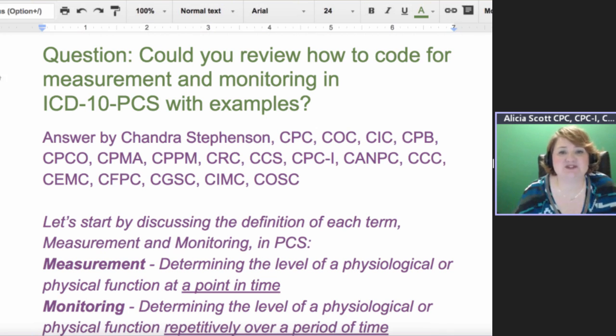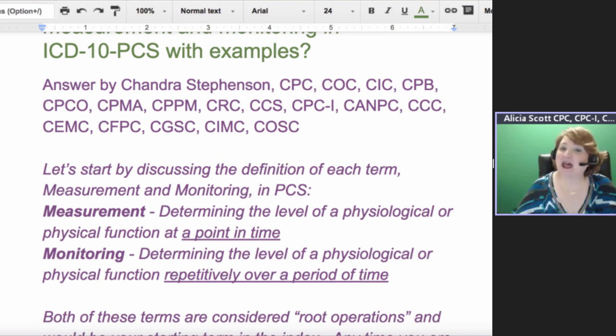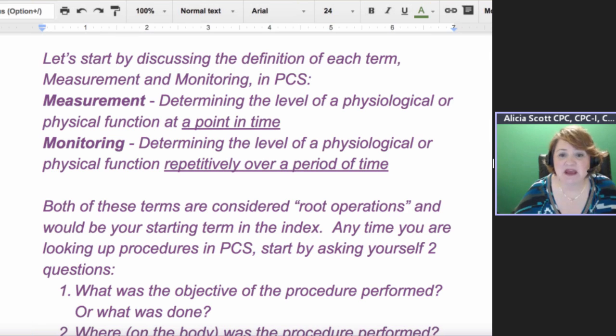The first thing you have to know about PCS is that it is not like ICD-10 CM, and it is not like CPT. What makes PCS different is that it's not diagnosis coding. When you see ICD-10, you automatically think diagnosis.